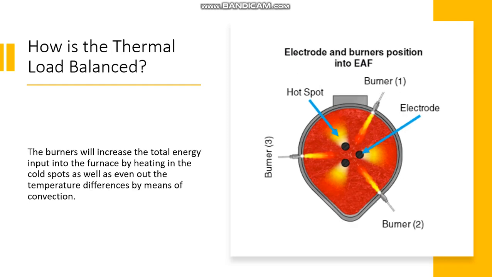In an effort to even out the thermal imbalance in the furnace, burners may be introduced in areas of low thermal load. The burners will increase the total energy input into the furnace by heating the cold spots, as well as even out the temperature differences by means of convection.